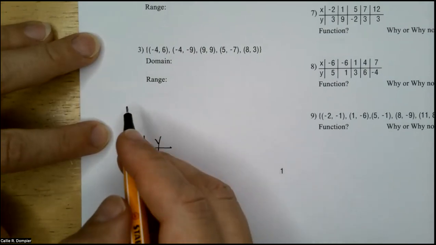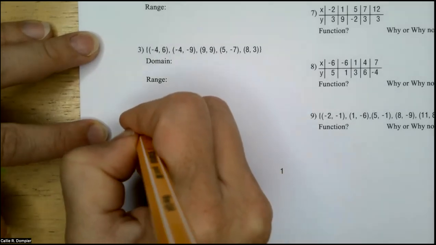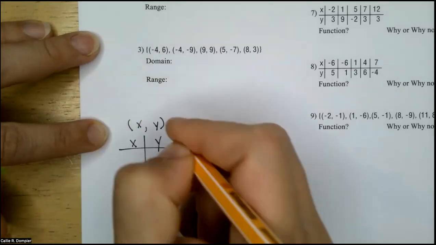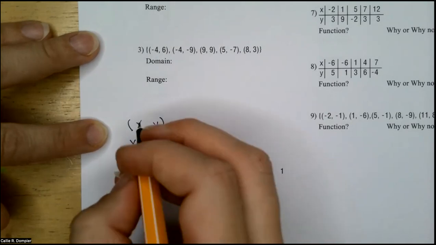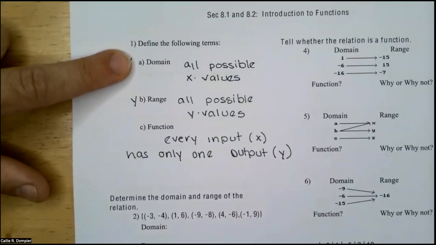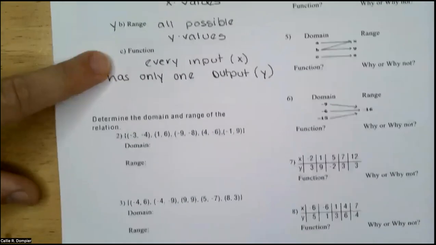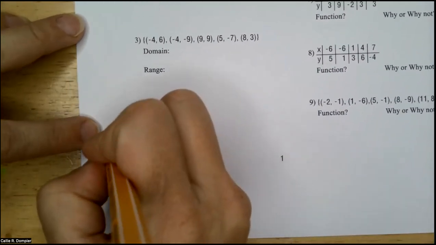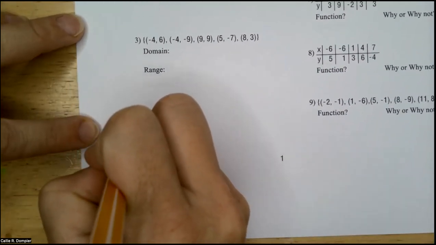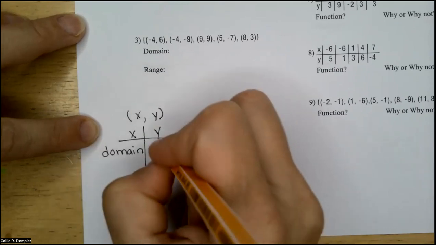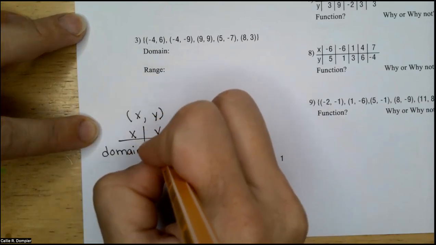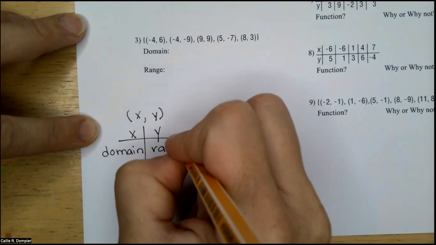So your x values, think about it like this, okay? Your x values are also your domain. Your y values are your range, okay? So I'm going to call x my domain. I'm going to call y my range. What else did I say up here?